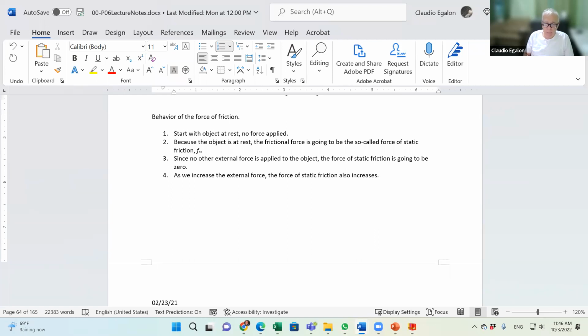But it increases only up to a certain point. The certain point is called the maximum value of the force of static friction.